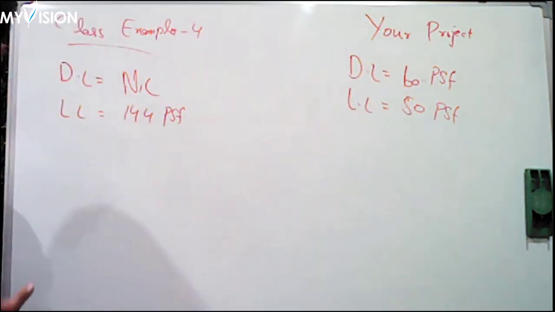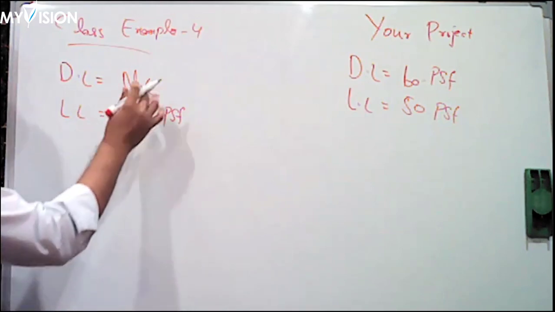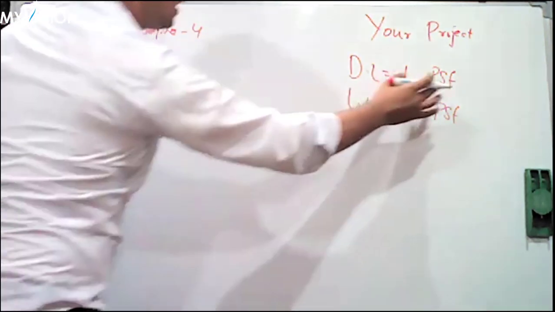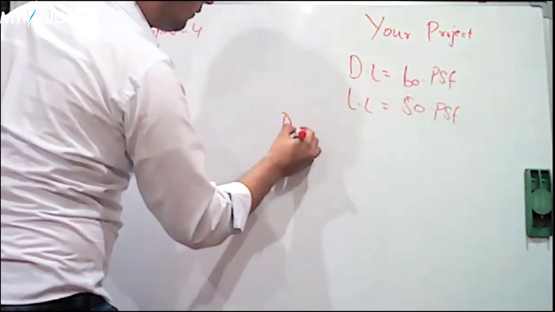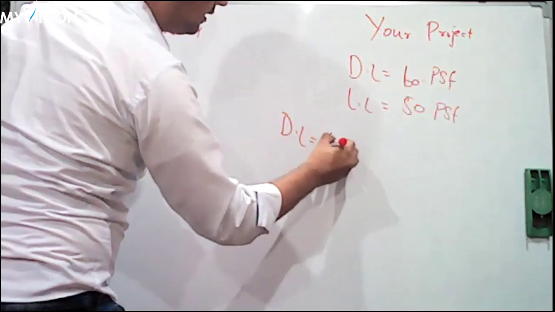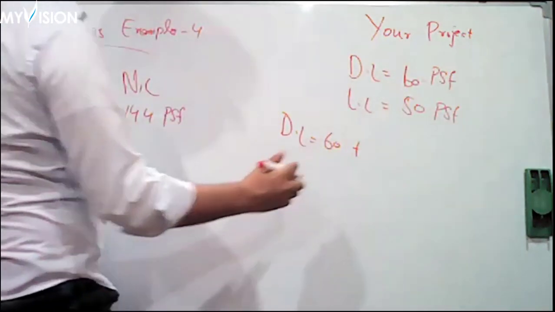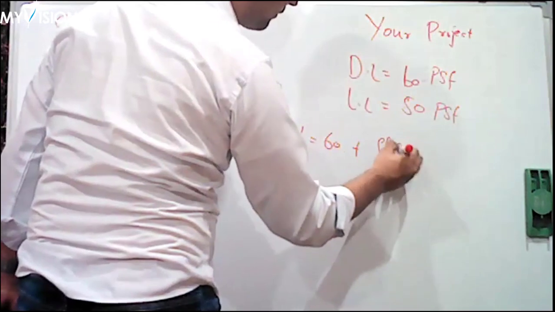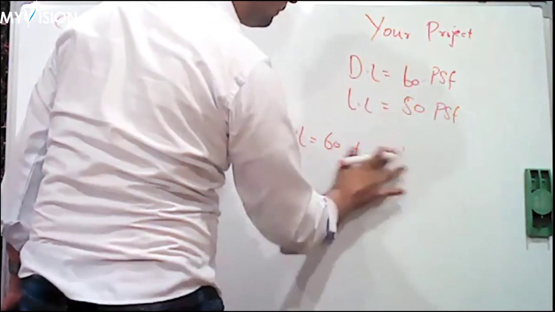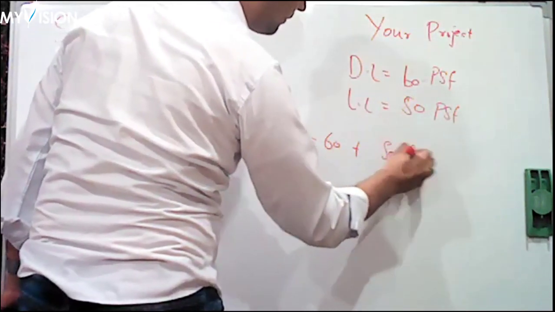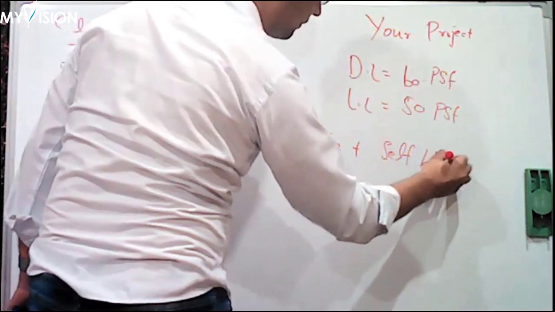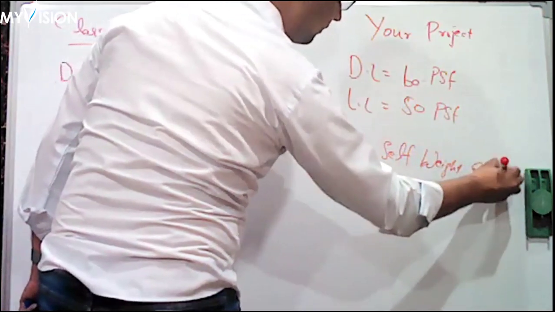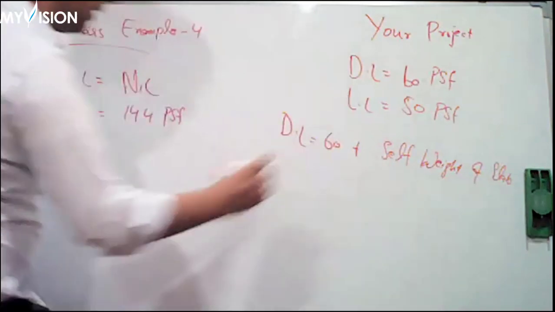Now we need to calculate Wu dead load and Wu live load. First of all, in your case, when calculating the final dead load, it is 60 PSF plus the self-weight of the slab.